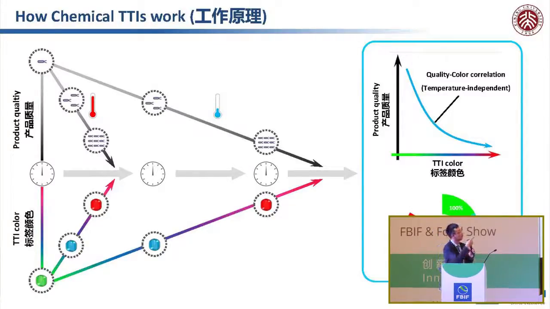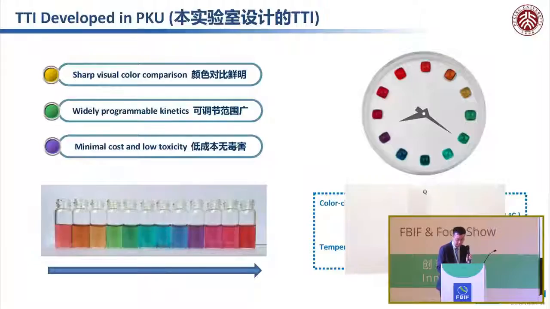So now we can establish a quality and color correlation which is temperature independent. No matter whether the temperature is high or low, green always means it's fresh, and red always means it's bad. You can have this chart for reference. It's like the standard cards for pH strips. And here I'll demonstrate the TTI we developed in our university.